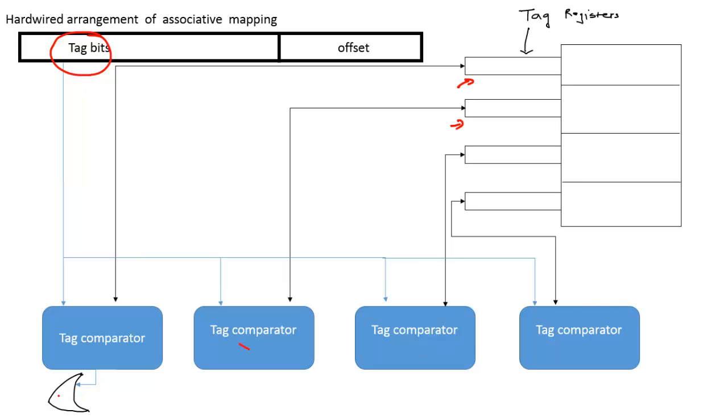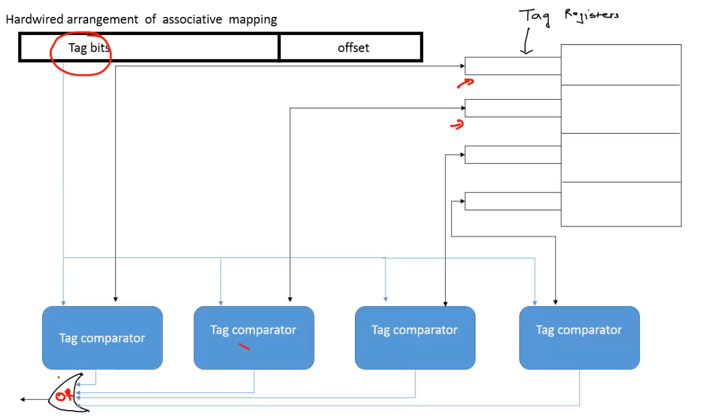Here we have used one OR gate. All the outputs of the different tag comparators are transferred to the OR gate, and the output of the OR gate decides whether we got a hit or a miss. If the output is 1, that implies a hit, and if the output is 0, that implies a miss.